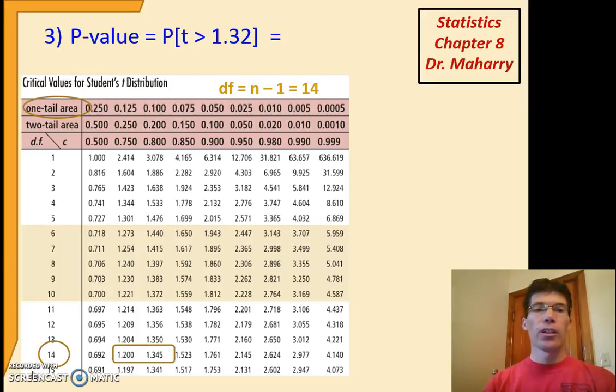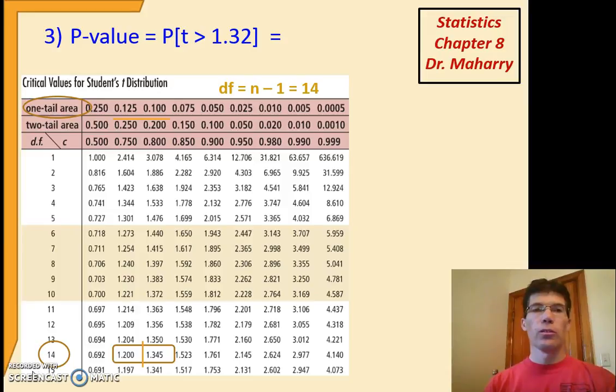Now I'm looking at a one-tail area here, greater than 1.32. So if I go across that row at 14, where do I find 1.32? Well, it's not in the table exactly, but I can see it's somewhere between 1.2 and 1.345.